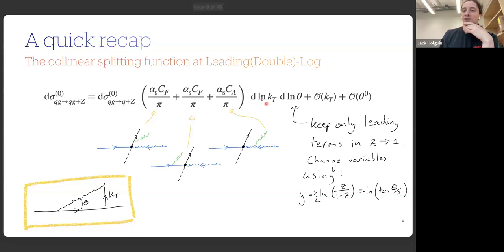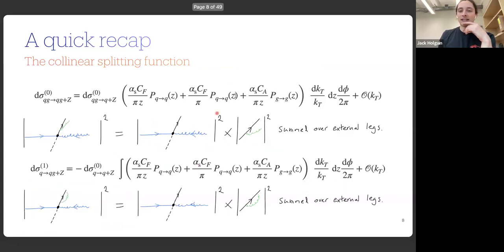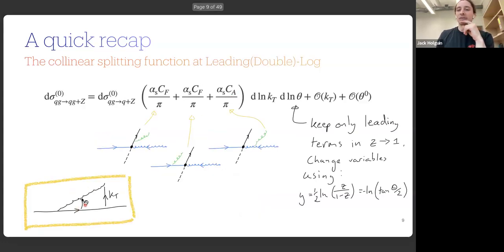That's just a log transverse momentum of the emission. So I've got my little diagram down here reminding you what kt is. It's the transverse momentum relative to the parent. And then we can swap out z, which was the light cone fraction that the emission had of the momentum, with the angle it was emitted at. I've got the change of variables written down here for you if you're interested.